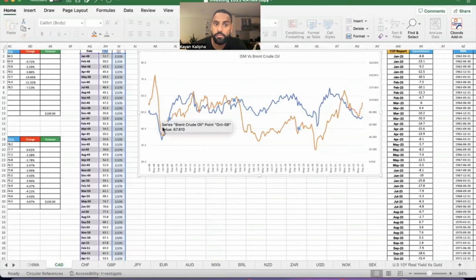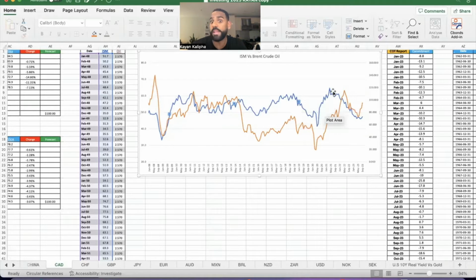Tumbles. Soon as the manufacturing data starts to grow again, indicating the manufacturing sector, which makes up 20% of companies in the US, starts to go through growth, what happens? Oil demand goes higher. Okay, can you see that? Oil prices go up. Look at the blue line and look at the orange line. They literally marry each other. They follow each other up and they follow each other down.